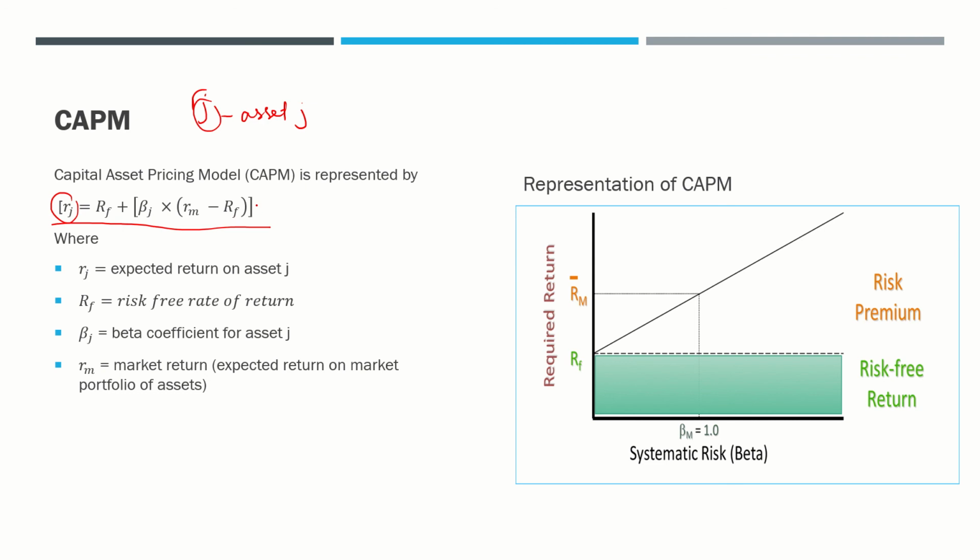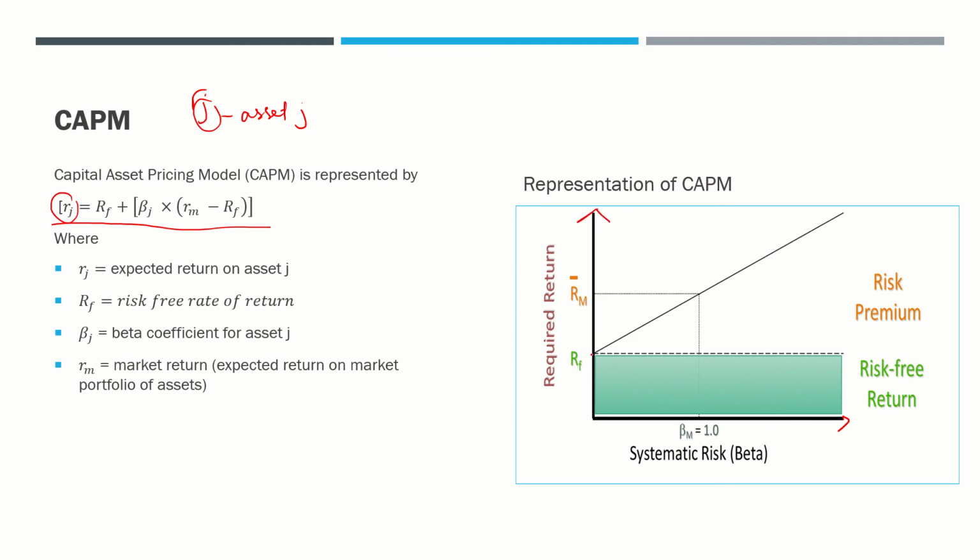Okay, ini adalah formula CAPM. Okay, jadi representation of CAPM dia macam ni. So dekat sini adalah systematic risk, beta, ya, dan dekat sini adalah required return.